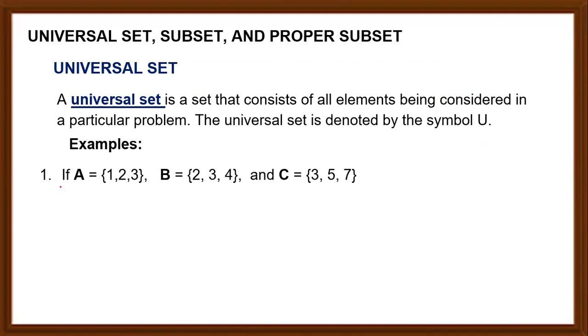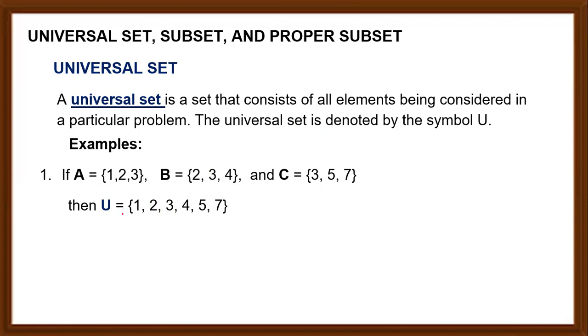So we have this example. Meron ako ditong set A, the elements are 1, 2, 3. Set B, the elements are 2, 3, 4. Set C, the elements are 3, 5, 7. Ang tanong, ano kaya ang universal set ko? Susulat mo lang siya. Then, the universal set of the sets A, B, and C, we have 1, 2, 3, 4, 5, 7.